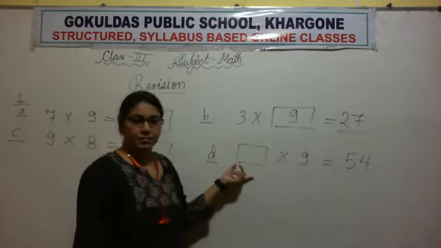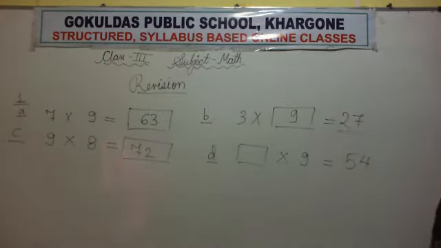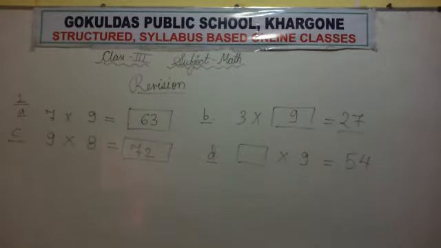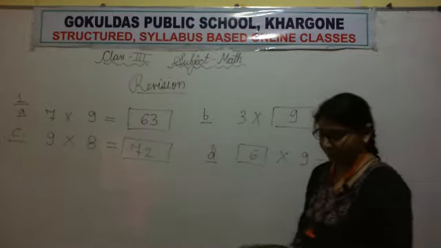For filling this blank box you need to recite the table of 9. 9 ones are, 9 twos are, 9 threes are, 9 fours are. In how many times does 54 come in the table of 9? In 6 times. 9 sixes are 54. So we'll write 6 in the box.